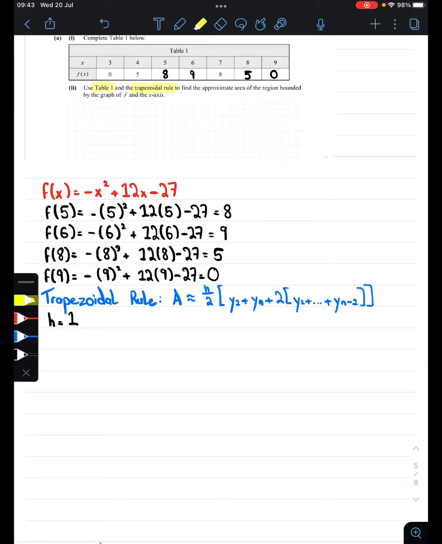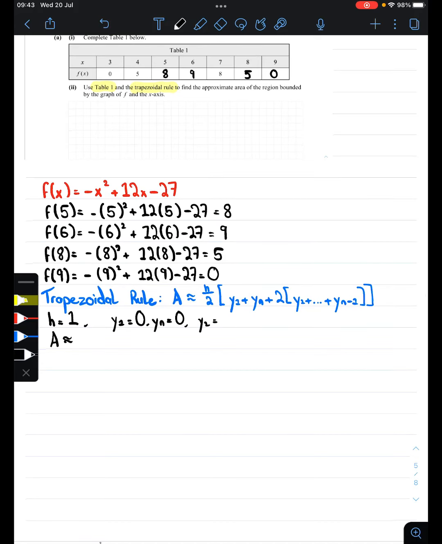So let's just plug in the formula. A approximately equals, y1 equals 0, yn equals 0, n just being the last one. How many of these are there? 1, 2, 3, 4, there's 7, but just say it's n.